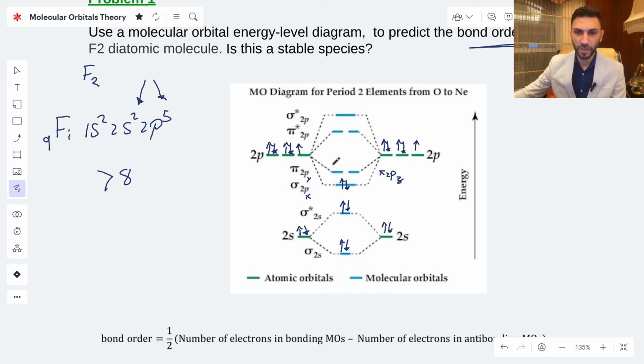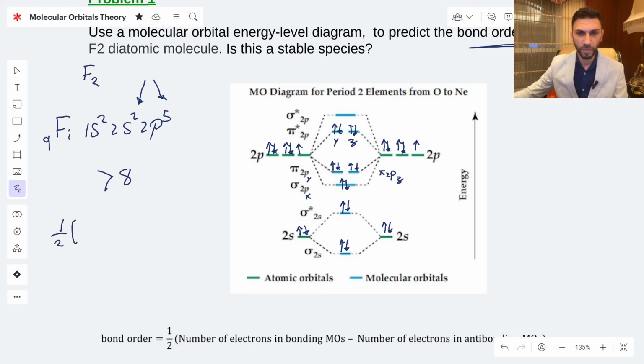And then we have single, single, and double, opposite spin. That means now we put 1, 2, 3, 4, 5, 6 out of 10. We still have 4 more electrons. So I'm going to put 1, 2, and then 3 and 4 in the pi star 2p y and pi star 2p z.